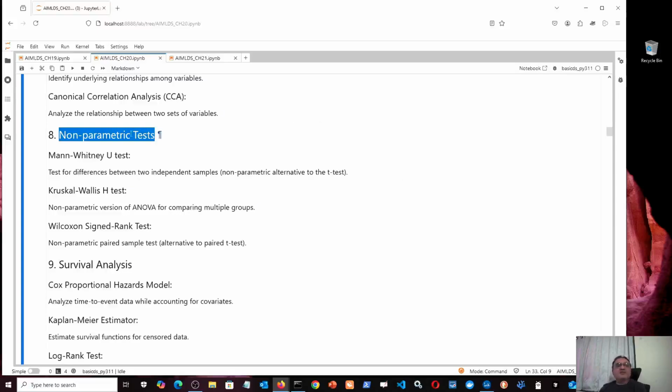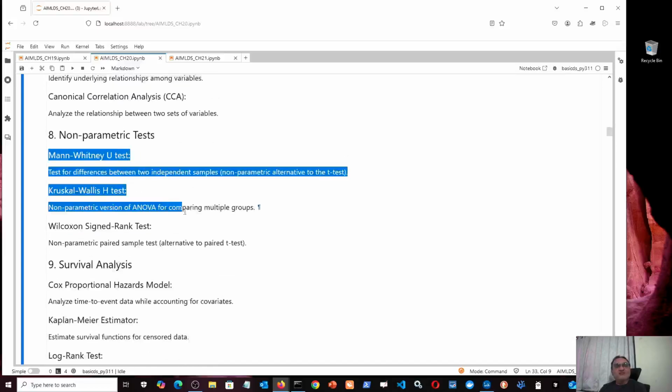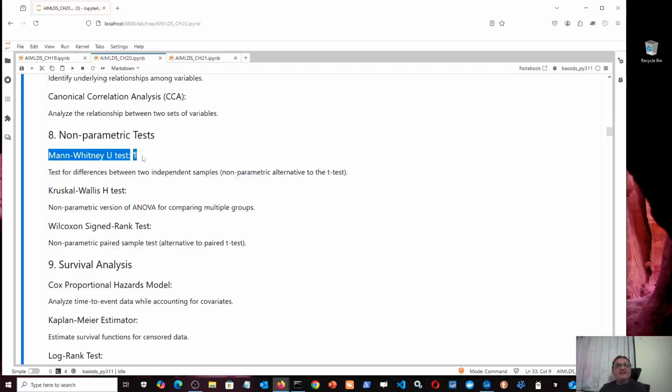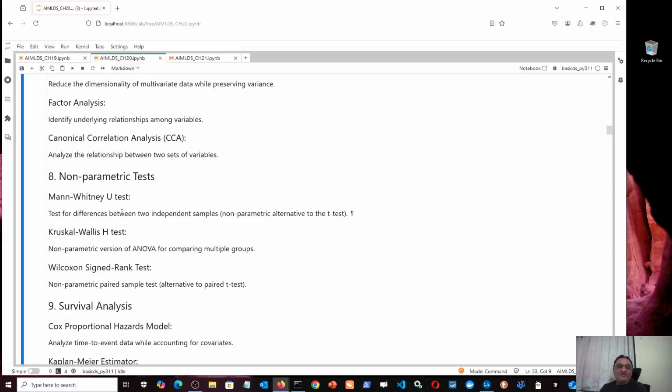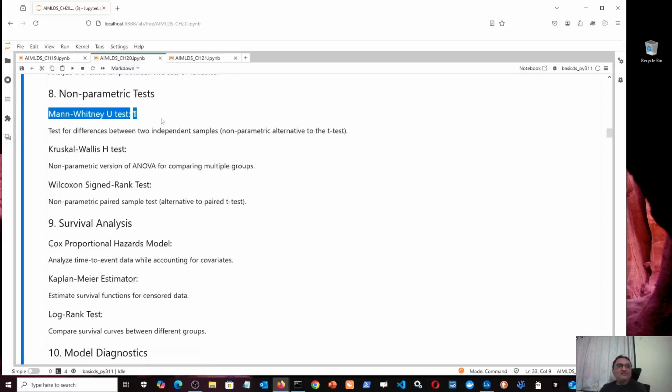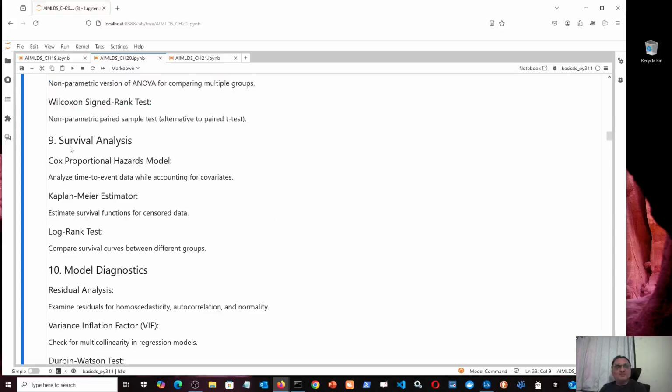In those cases, you have to do non-parametric tests, some examples of which are the Mann-Whitney U test, Kruskal-Wallis test, and Wilcoxon signed-rank test. We will do these also, because we will take many different projects and examples. You will see that some data will be such that the central limit theorem will not be obeyed, and therefore we will have to discuss these tests. These are also provided by the Statsmodels library.